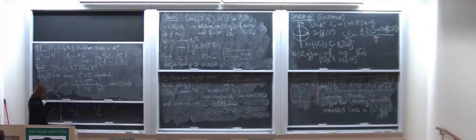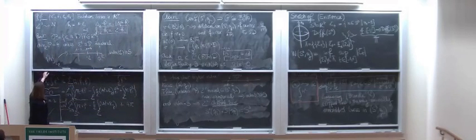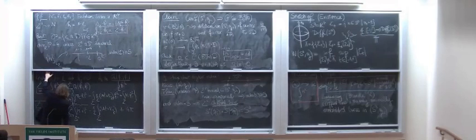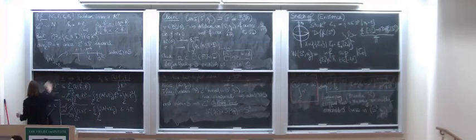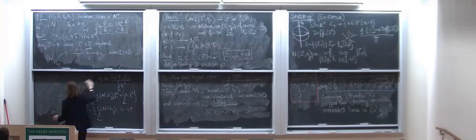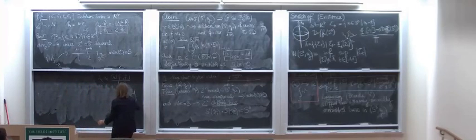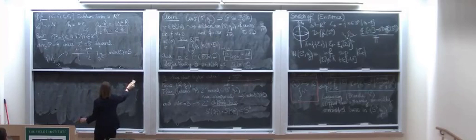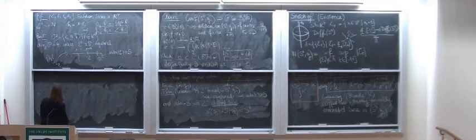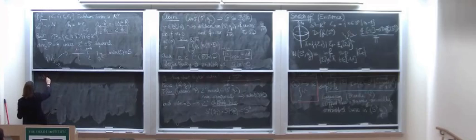Okay, so now let me say something about the characterization of the Clifford torus as the only element for which equality is attained. Okay, so now let's say that the index of sigma is equal to 5.